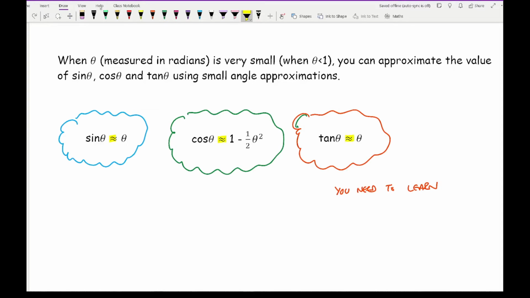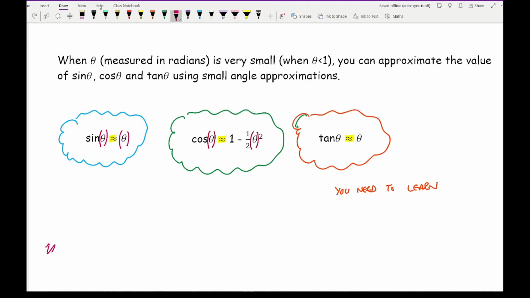When dealing with these approximations, what you're actually doing is swapping. You'll have a trig function, sine theta, and you're going to swap it with wherever theta is in the approximation. So here I've got theta, and I'll swap that for this bit here.